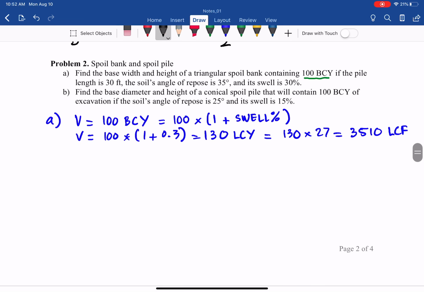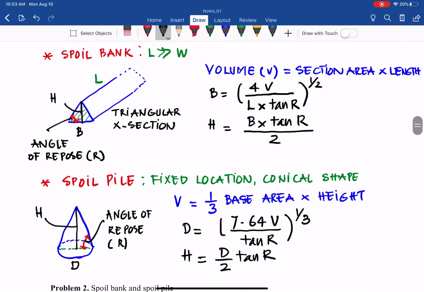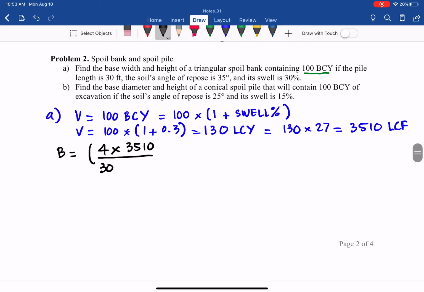B equals the square root of 4 times the volume, 3,510, divided by the length L times tangent of the angle of repose, tangent 35 degrees. Same unit, as you can see, so it will be 25.9 linear feet. Keep in mind we have to change the unit there.